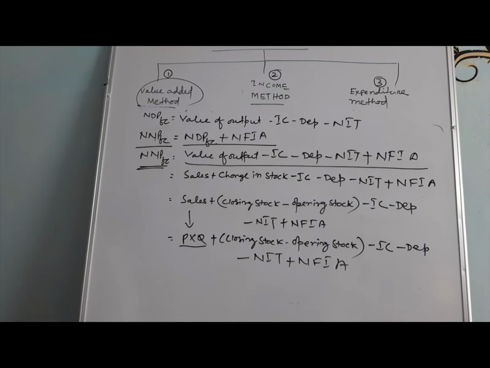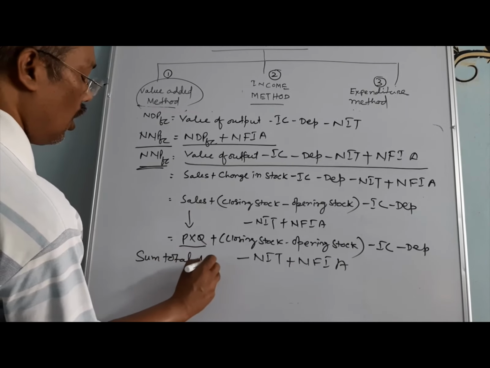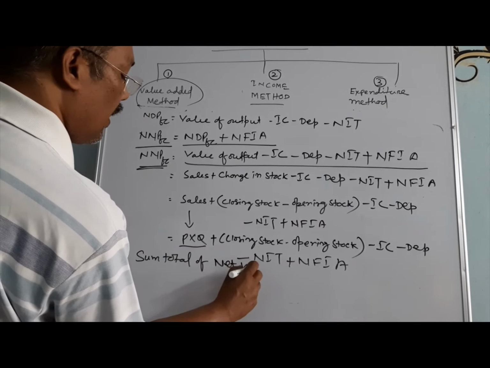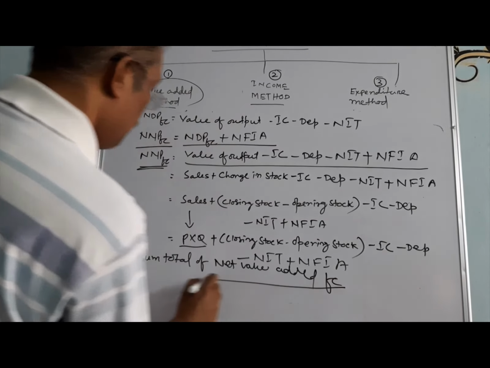So NNP at factor cost is also national income. It means national income is the sum total of net value added at factor cost across all producing units of an economy.